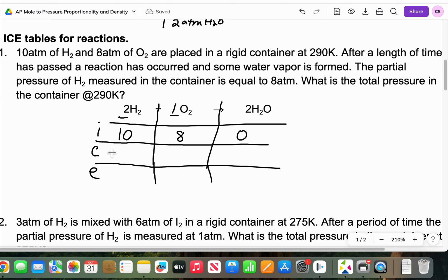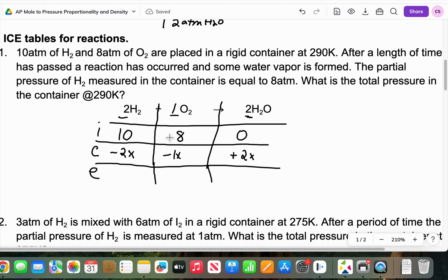Now, as the reaction proceeds, this is going to go down by a value of 2. We don't really know how much, so we're going to call that x. This one's going to go down by 1x. This one's going to go up by 2x.